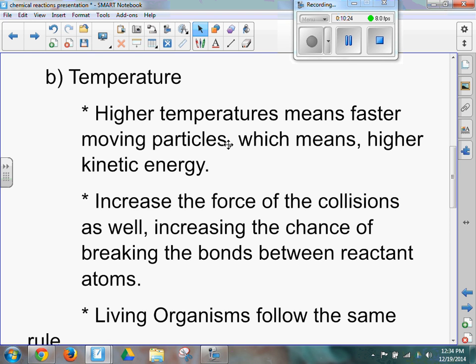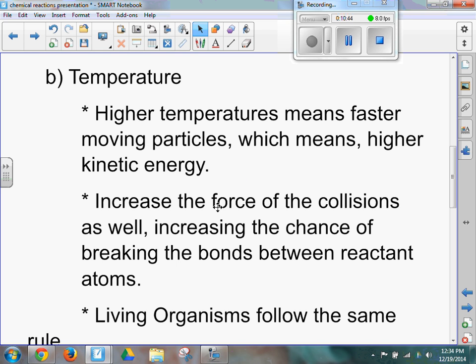We haven't really talked about temperature all that much, but temperature is really just a measure of how fast particles are moving. If particles are moving faster, they'll have more kinetic energy. If they're moving slower, they have lower kinetic energy. That's how that relationship works.